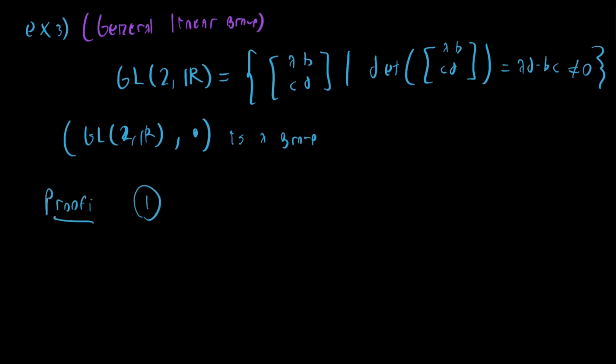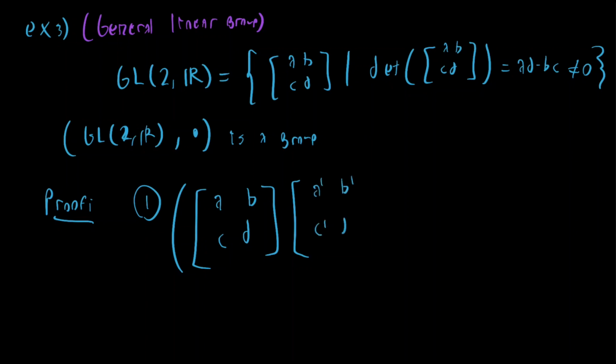As a first property, the first property that we would want to prove is associativity. So we need 3 matrices. First let's multiply 2 matrices together, A, B, C, D, A prime, B prime, C prime, D prime, and then A tilde, B tilde, C tilde, D tilde.